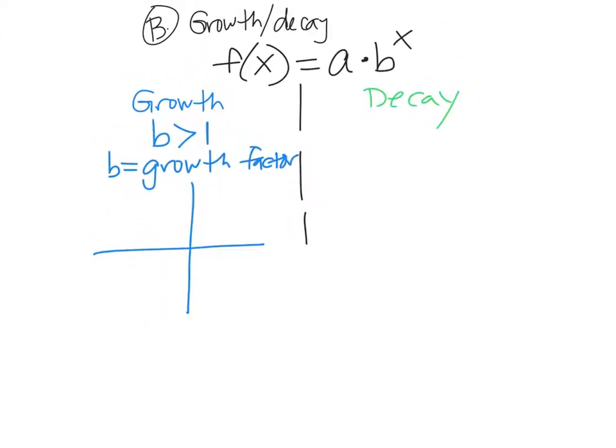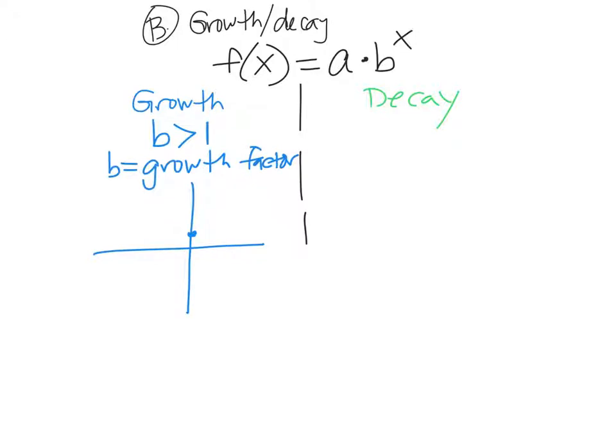And so the basic growth graph looks like this. You have this point right here, which is the point 0, 1. When x is 0, y is 1. Your very basic parent function. And it's going to go right along. There's an asymptote right there, and it's going to go right along, and then it's going to shoot up exponentially.